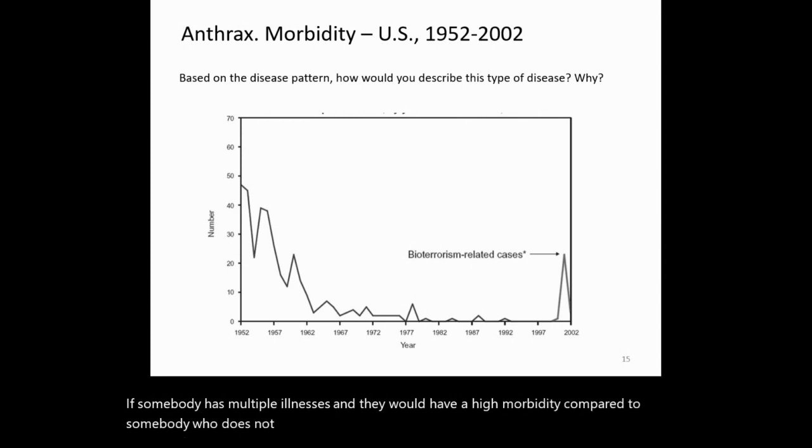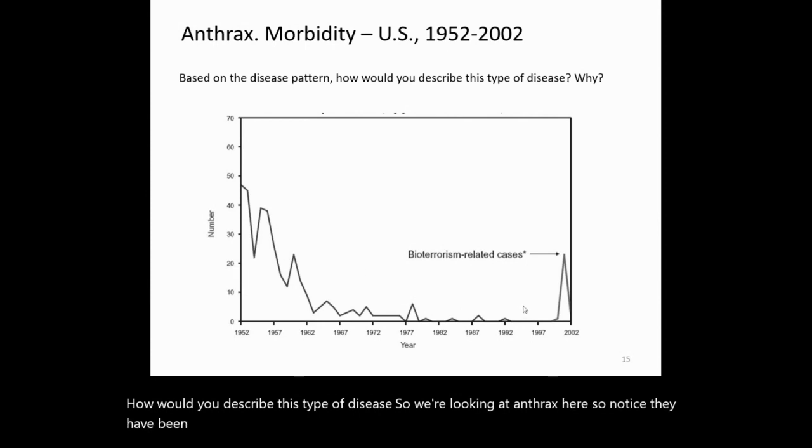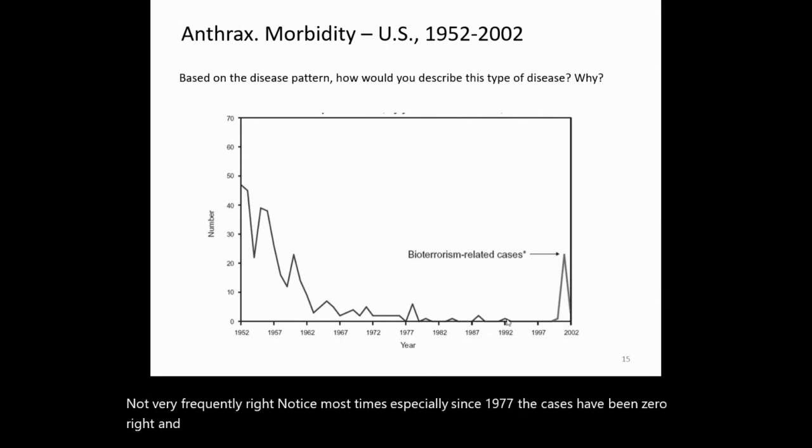Okay, so how would you describe this type of disease? We're looking at anthrax here. Notice they happen pretty irregularly and not very frequently, right? Notice most times, especially since 1977, the cases have been 0, and then there's just kind of sporadically only 1.